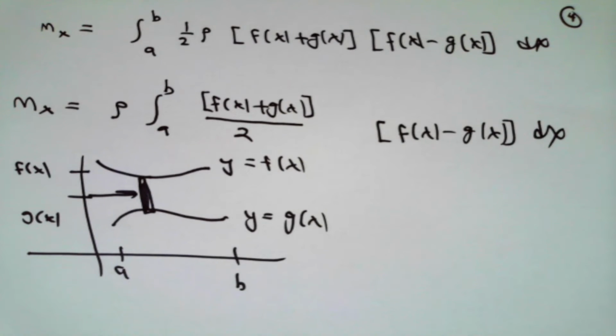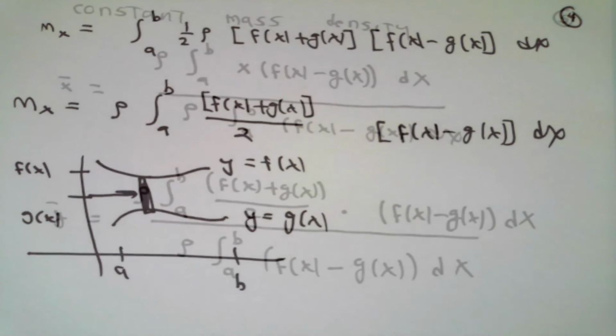This makes good sense in the case of mass density being constant, because then it's a reasonable supposition that the best representative y-coordinate for a vertical strip would be in the middle, the average of f of x and g of x.